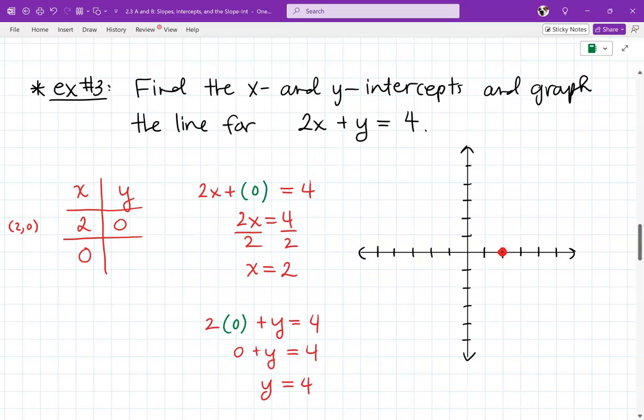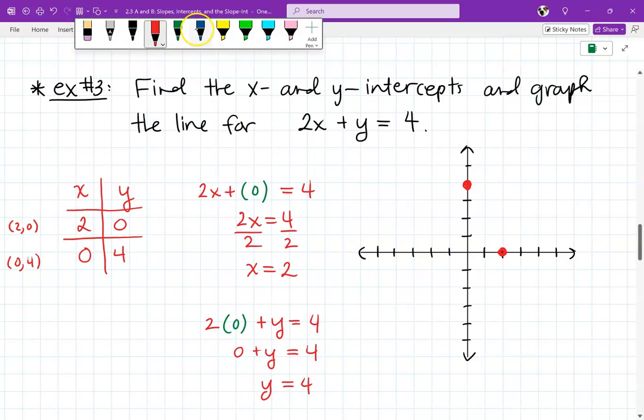So my answer is y equals 4. The point is (0, 4), and I'm just going to put a dot at (0, 4). So (0, 4) is right here. That's my y-intercept.